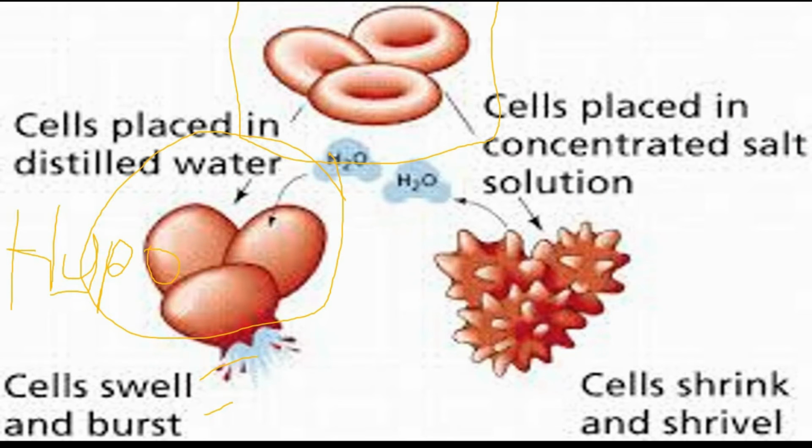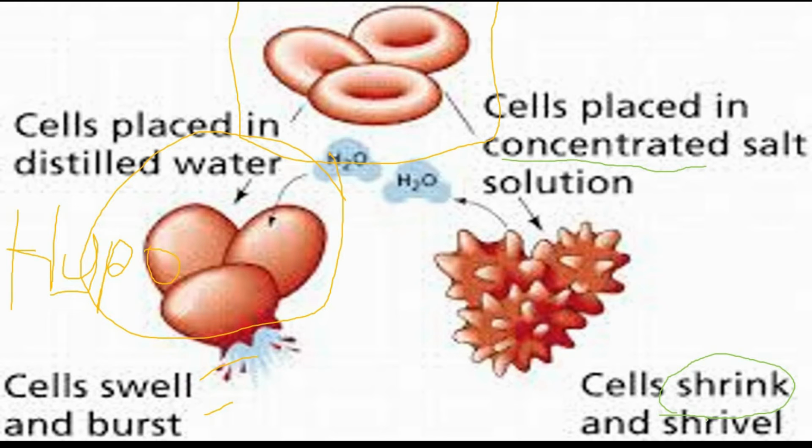So you see what happens here is if you put it in water, you'll get this. And here, if it's placed in concentrated salt solution, then water will leave the cell, and you see what happened here? It becomes shrunken and shriveled.